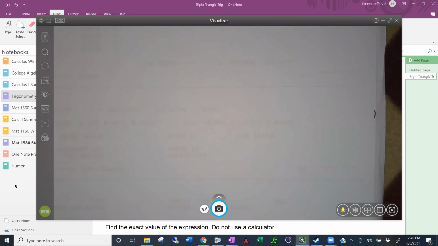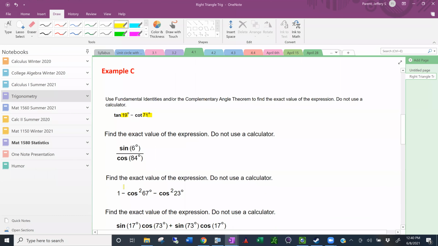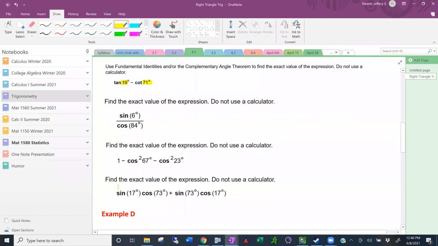And let's do one more like that. Maybe 2 more like that. We'll work with this one next. Find the exact value of the expression. We've got 1 minus cosine squared of 67 degrees, minus cosine squared of 23 degrees.